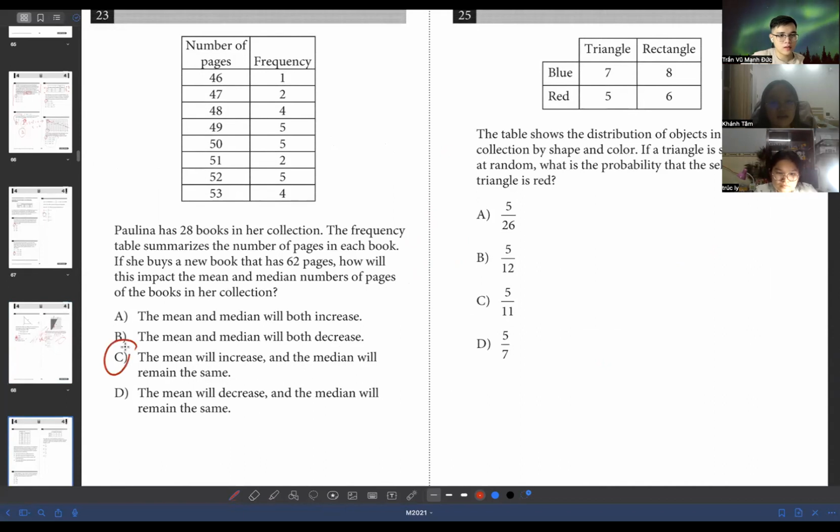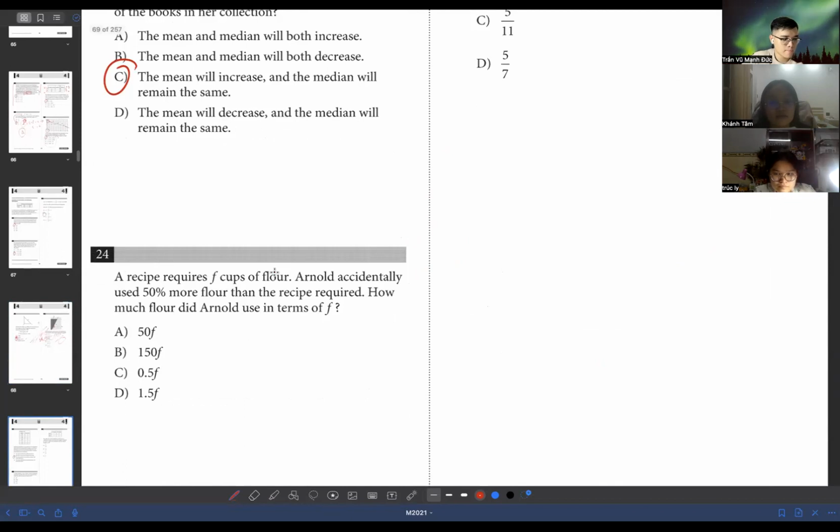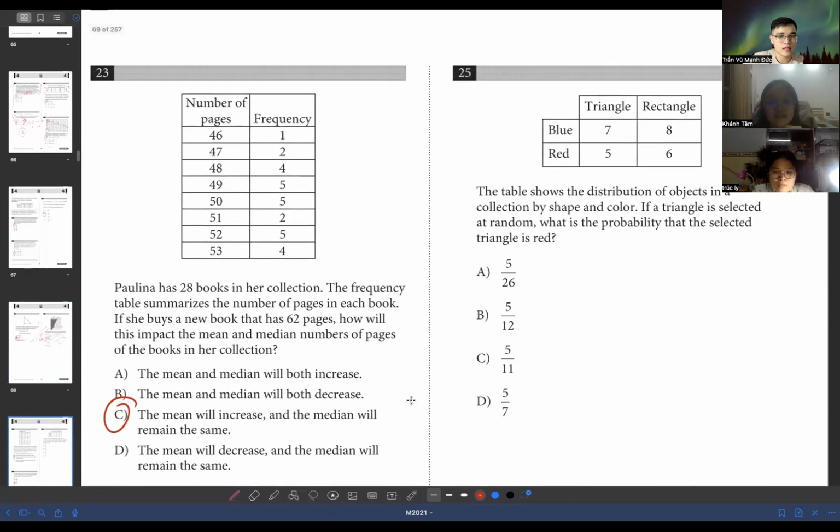This is quite easy, so I'm not going to walk through it again. 24D. Good. 25D. Let's see.